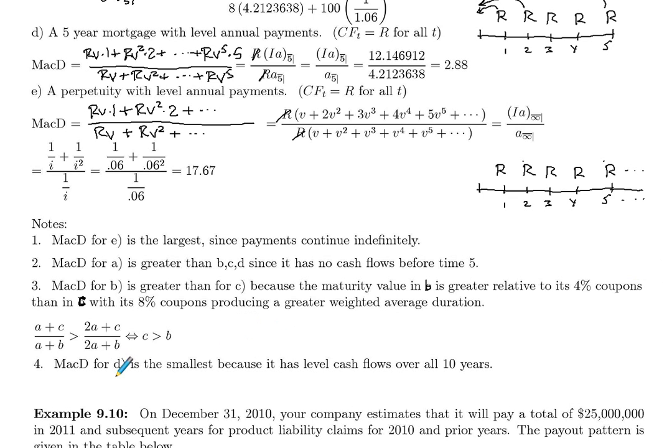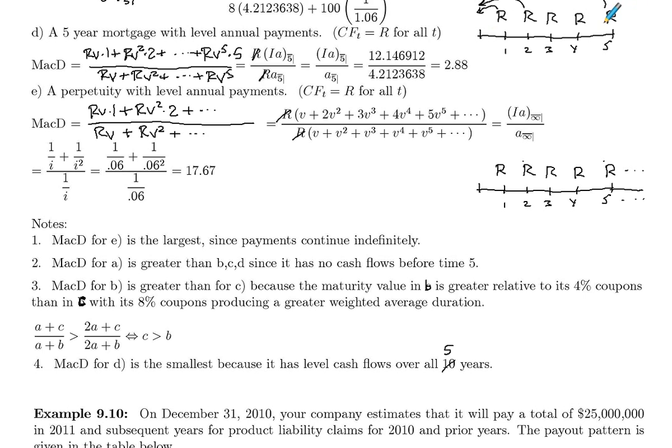And then the MACD for Part D is the smallest of the ones that had finite payments, because it's got level cash flows. Actually, we had 5 years here, not 10 years. So D was the mortgage here. So we had the 5-year mortgage, and it's got level cash flows, whereas the earlier ones, they had a larger cash flow out at the end.